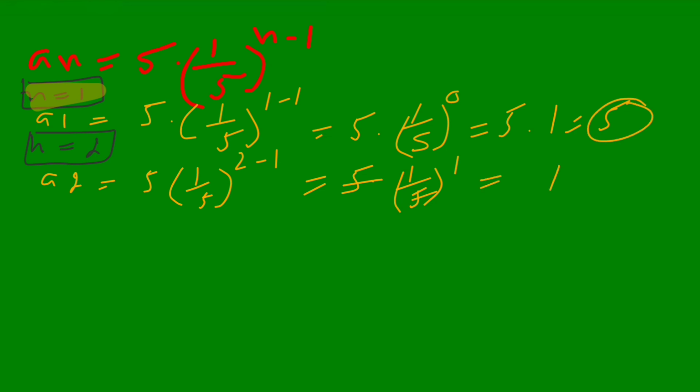Here 5 is the first term, 1 is the second term, and now n is equal to 3.